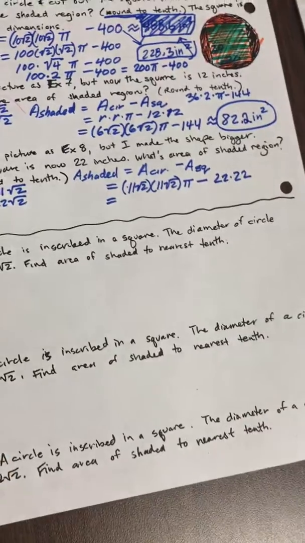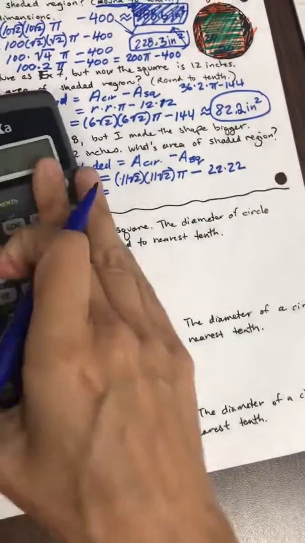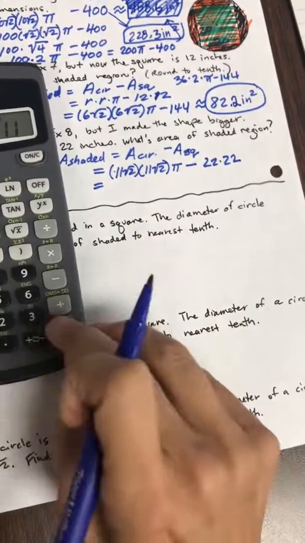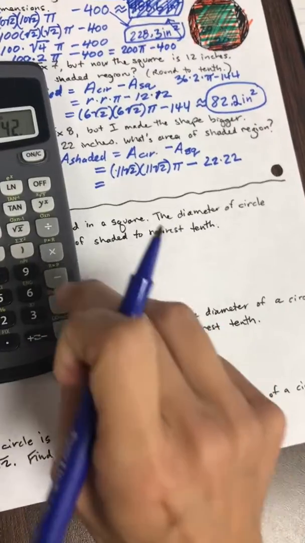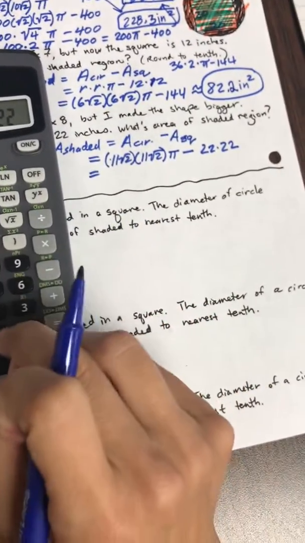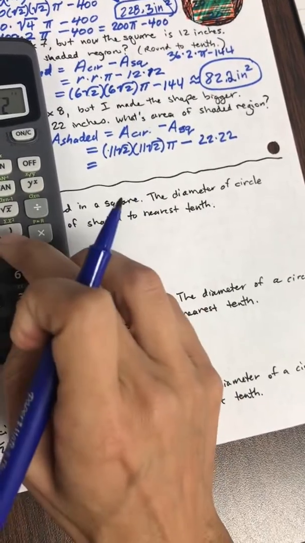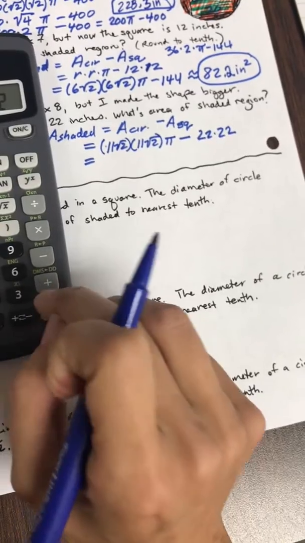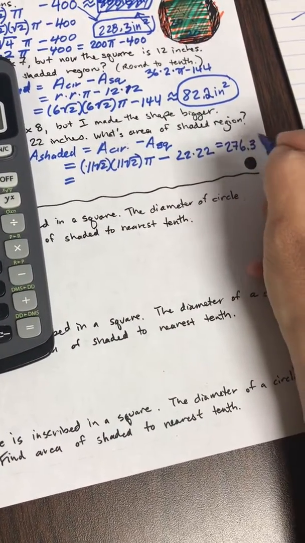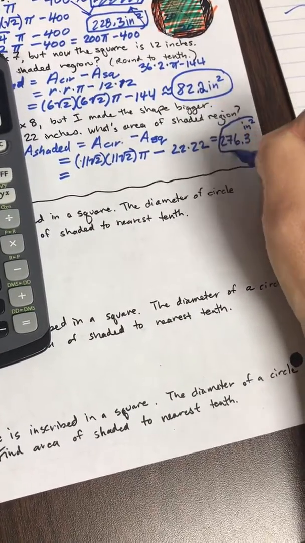So all this we can put in our calculator. Okay, so I got 276.3 inches squared.